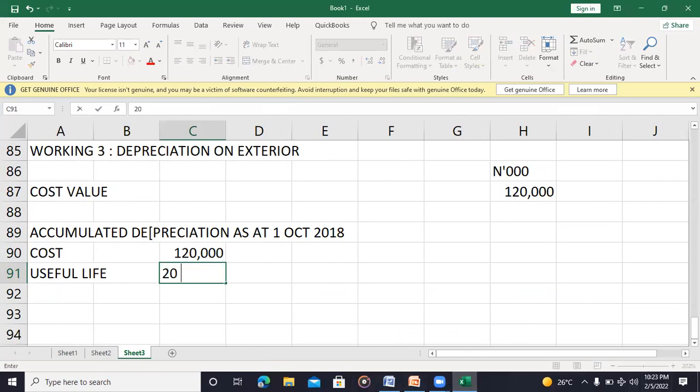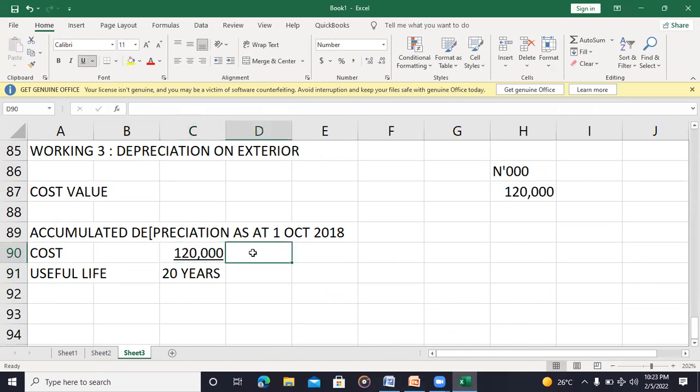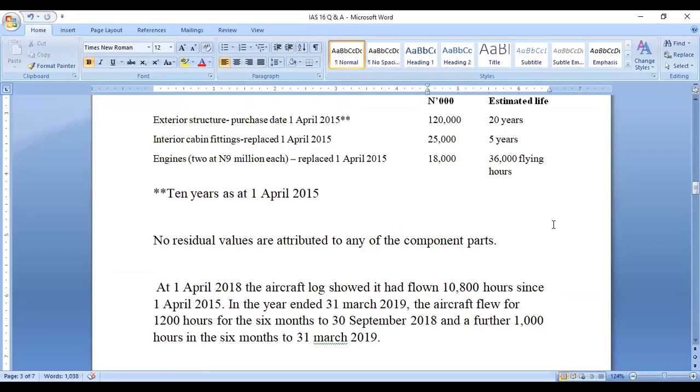So how many years have we used this exterior, or which year was it purchased? Let's find out.